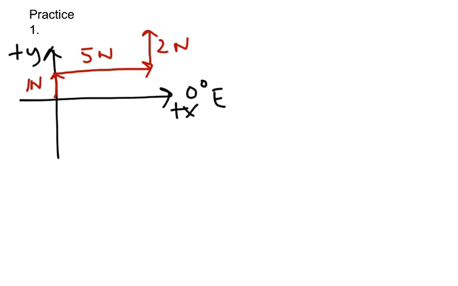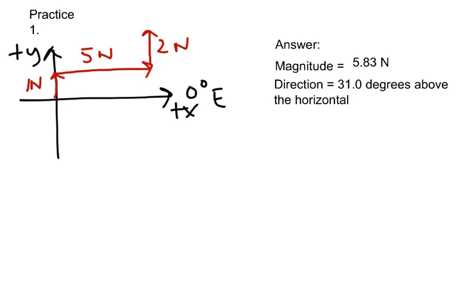What is the total resultant in this case, or what is the total force applied? The magnitude and the direction. I'd like you to find both of those. The answer to this one is, for magnitude, 5.83 newtons, and the direction of this resultant vector is 31.0 degrees above the horizontal, or you could say 31.0 degrees north of east.